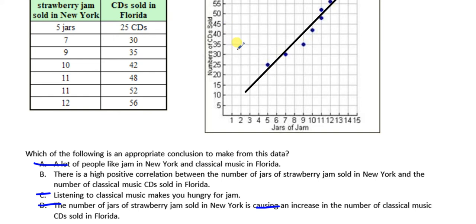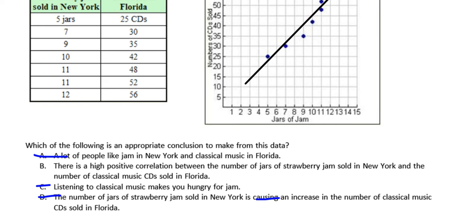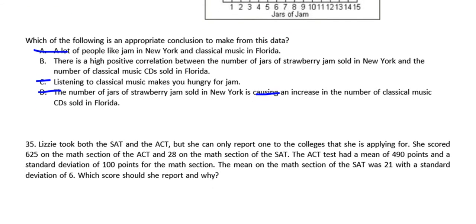It's all about correlation. As the number of jars goes up, number of CDs sold goes up. And maybe there's an outlier here that's causing that to happen, or something else is causing it, not actually jars of jam, but for some reason there's a strong correlation. Lurking variable, that was the word I was looking for. Something we haven't thought of that's causing that to happen.